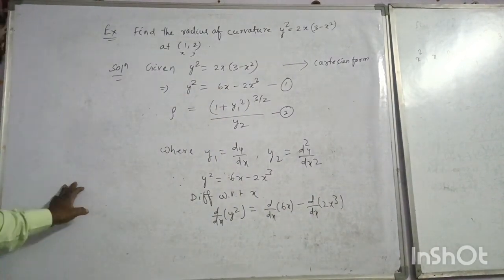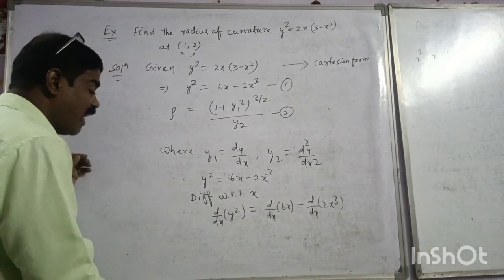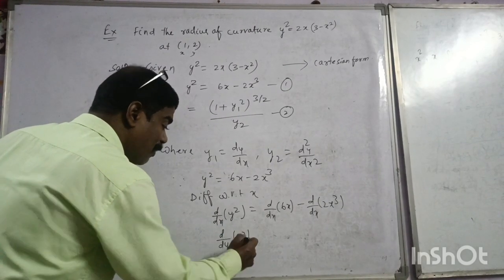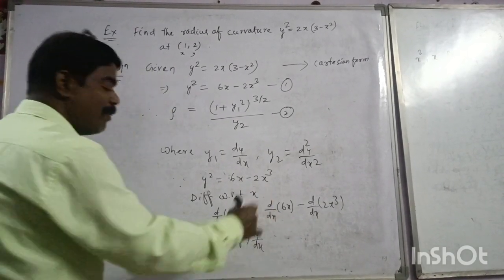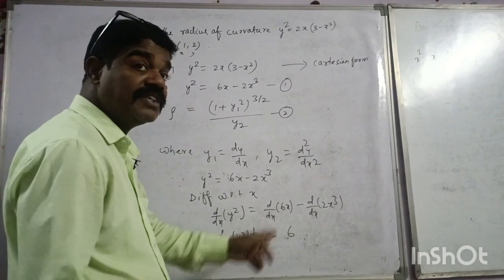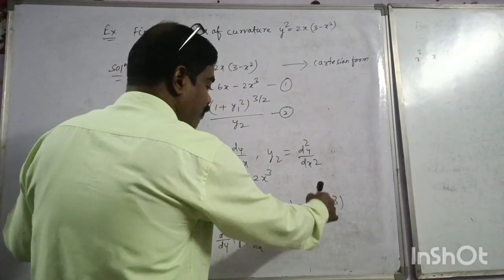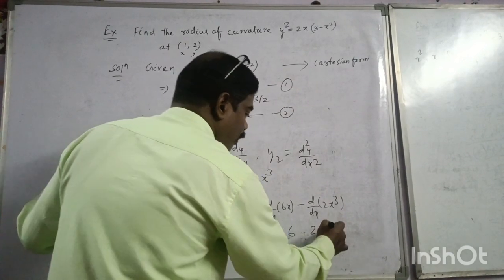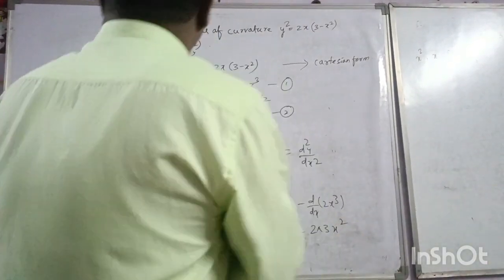Are you getting my point? But here y is there and here x, so how do you have to write this? d by dy, as in the earlier problem where we interchanged. Here what to write? 2y dy by dx is equal to the derivative of 6, minus the derivative of 2x cube, which gives 3x square. Right or not? Fine.